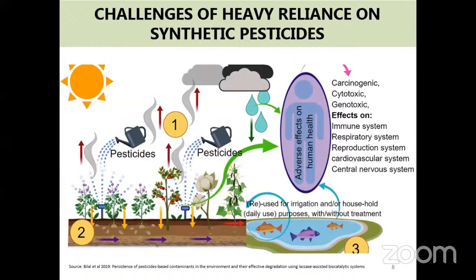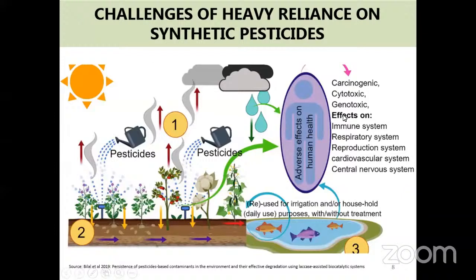When you do such a thing and don't observe harvest intervals, that is the period that you must wait for the chemical to break down before you harvest the tomatoes to take to the market, the person who eats that tomato or apple when they buy it from the market is going to have a lot of these pesticide residues.